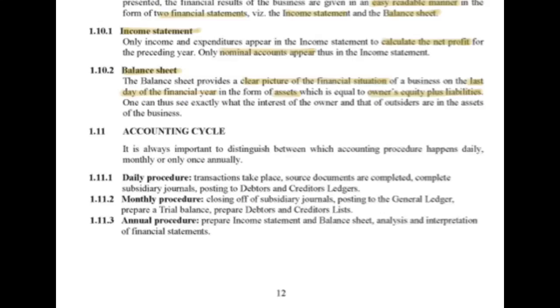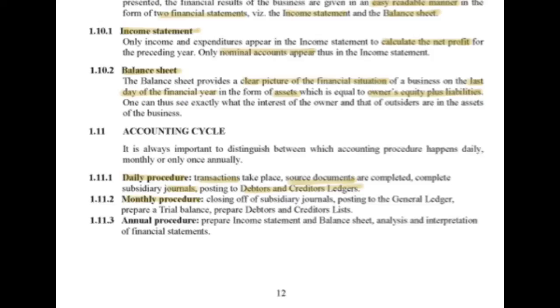Accounting cycle, as we've mentioned previously, just a quick rundown. It is always important to distinguish between which accounting procedure happens daily, monthly, or once a year, annually. Daily procedures: your transactions, your source documents are completed, your journals are completed, as well as the debtors and creditors ledger.